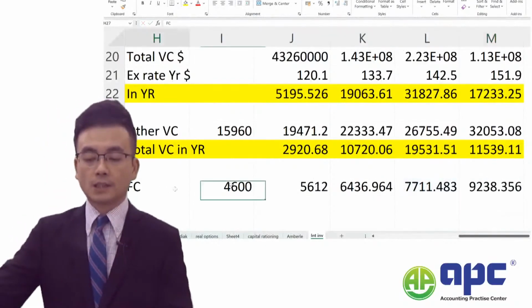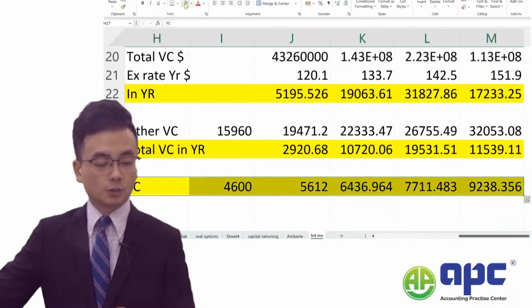So these are the total fixed costs that we can talk about.